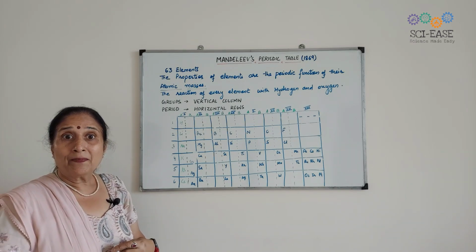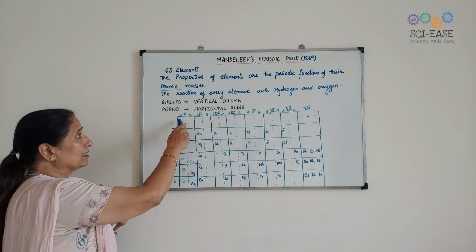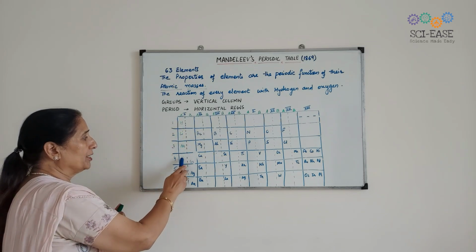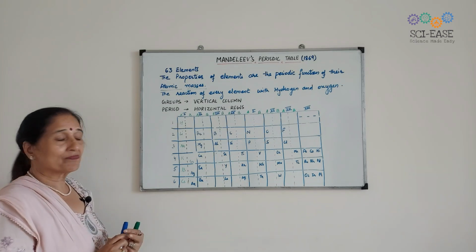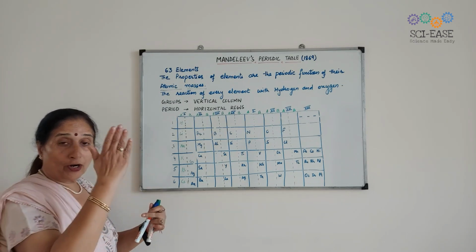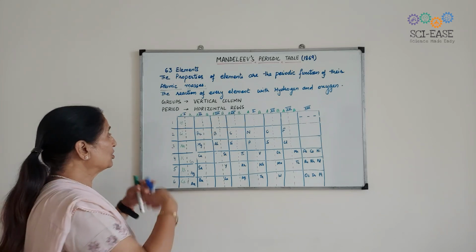So what will be the result? We are taking the case of the first A group: hydrogen, lithium, sodium, potassium, rubidium, cesium. He named R for these elements.